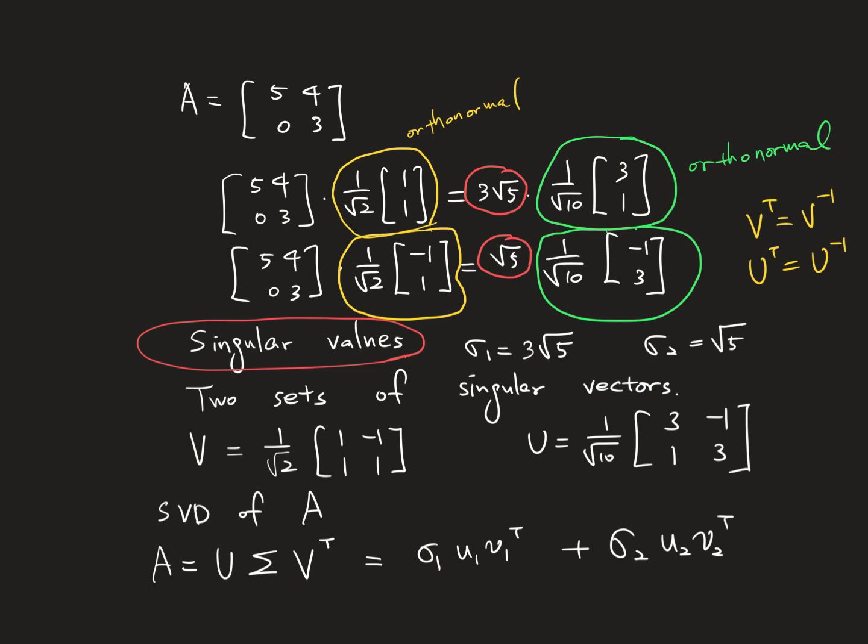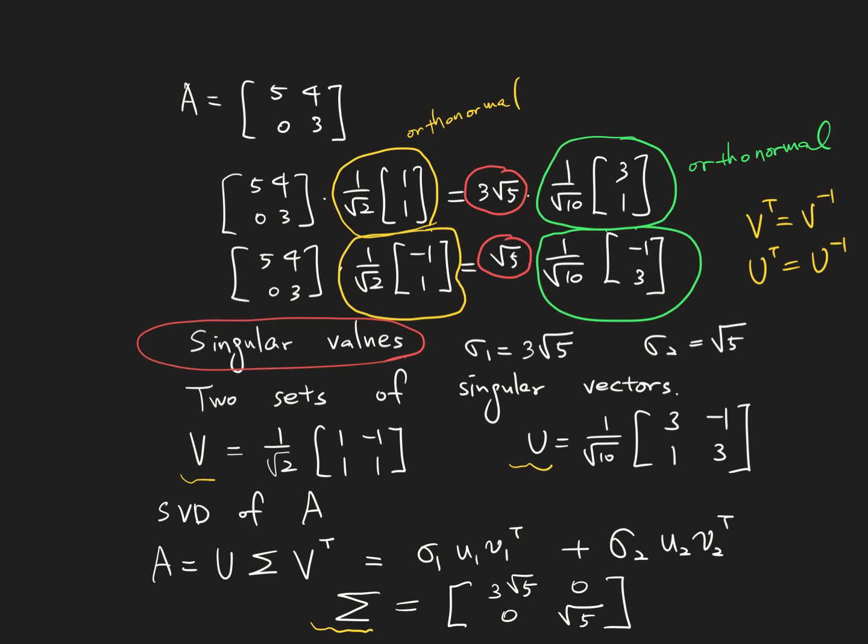And here, I forgot, the sigma matrix, which is 3 square root of 5 and 0, 0, and square root of 5. So you can see U, V and sigma are all defined.